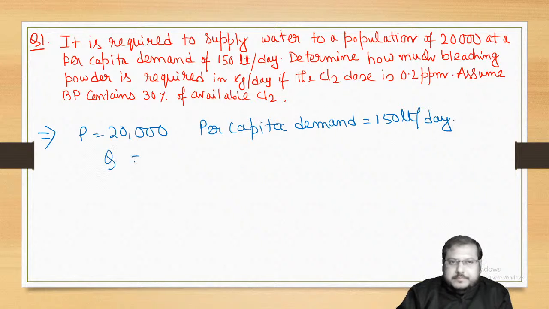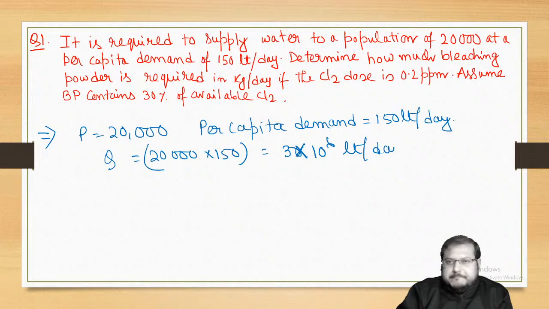So Q will be 20,000 into 150, or you can say it's 3 into 10 to the power 6 liter per day.